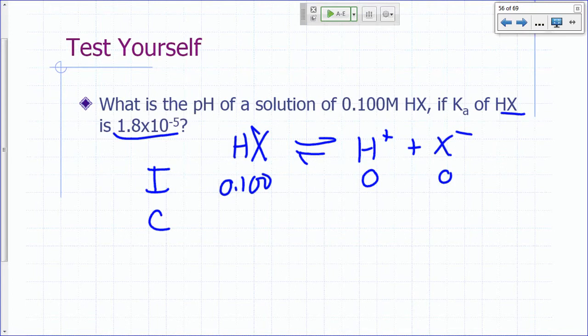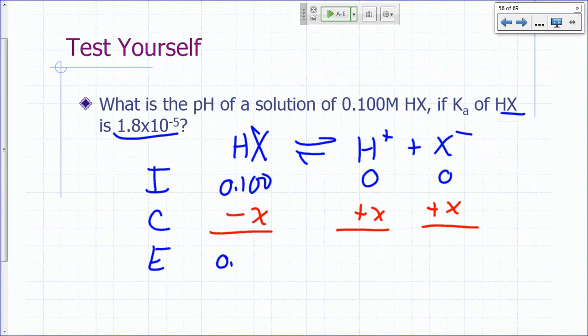What would be your changes? Minus X is going to go forward, right? Plus X, plus X. So our equilibrium concentration would be what? 0.100 minus X, X, and X. How do I solve for X?